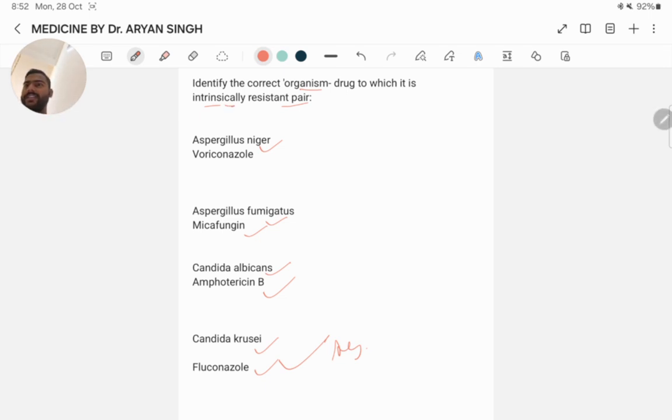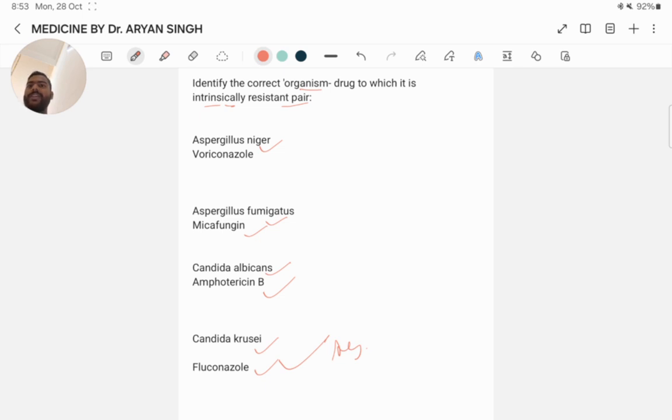The primary or intrinsic resistance of Candida krusei to azoles like fluconazole and itraconazole is mediated through reduced susceptibility of the target enzyme to inhibition by this drug. However, improved susceptibility is seen with the newer generation agents such as voriconazole.